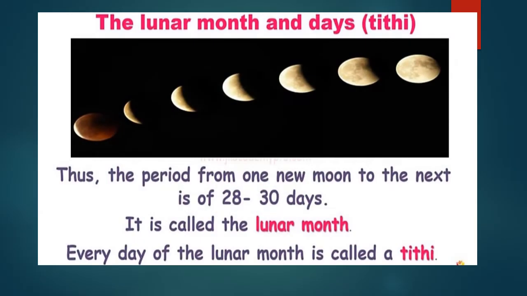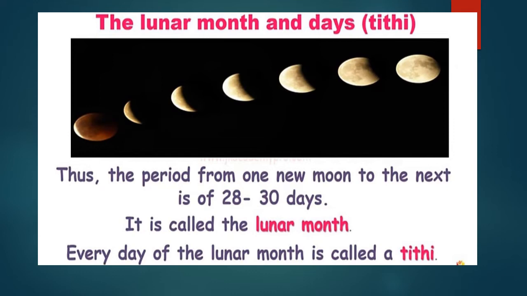Now, the next concept is the lunar month and days. Days means tithi. Thus, the period from one new moon to the next is of 28 to 30 days, as we have seen. Okay, it is called the lunar month.